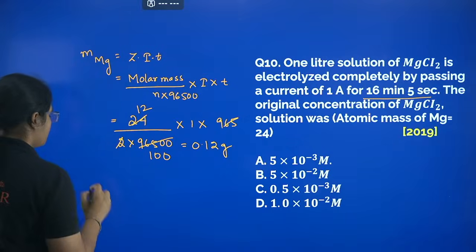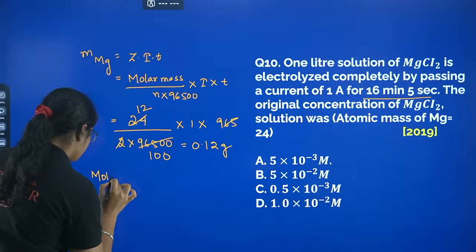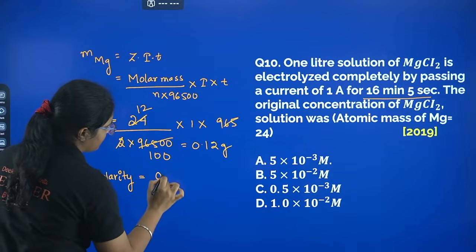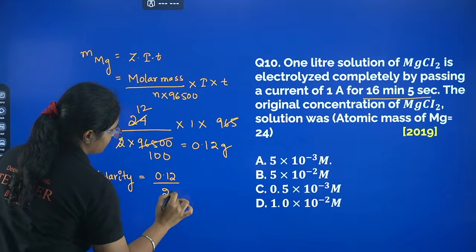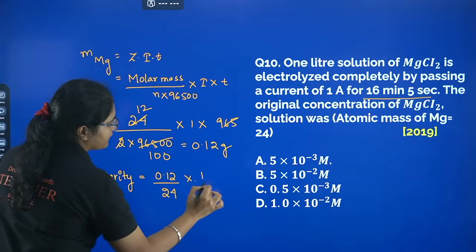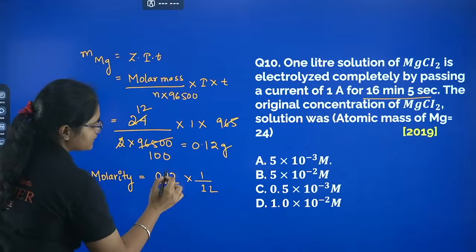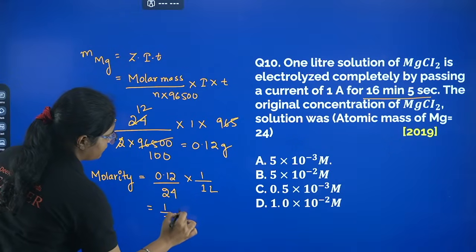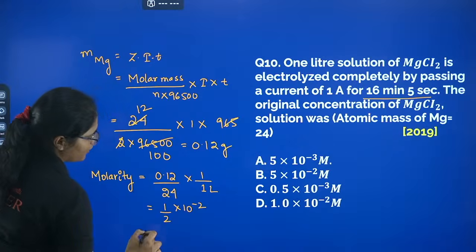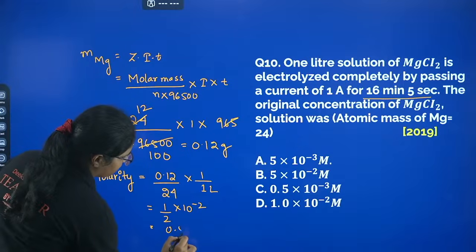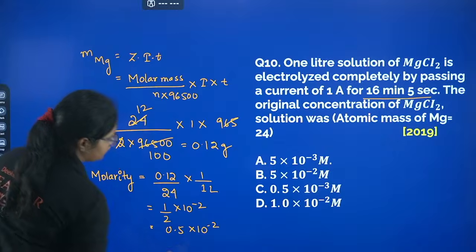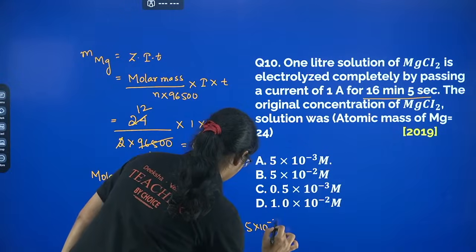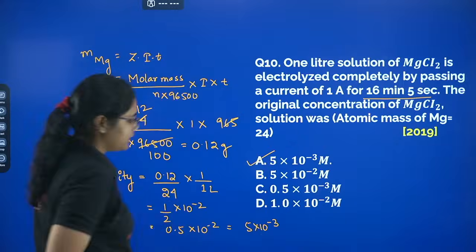Now if I want to calculate molarity, molarity is the given mass by molar mass into 1 liter. If I solve this, it is 1 by 2 into 10 to the power of minus 2, or I can write 0.5 into 10 to the power of minus 2, or if I solve it further, it is 5 into 10 to the power of minus 3, which is option number A here.